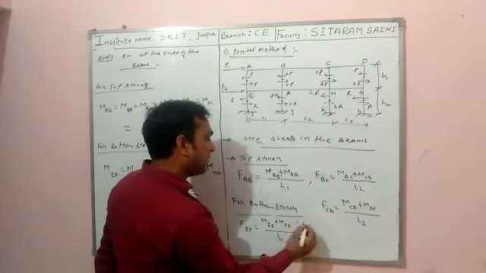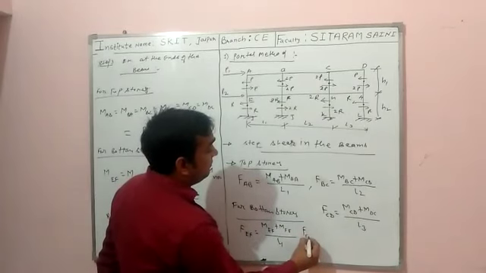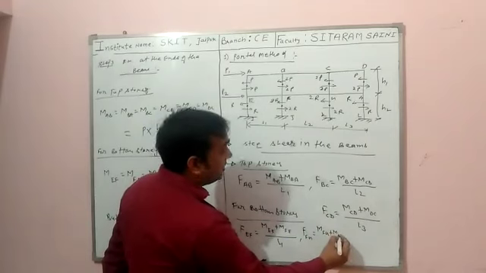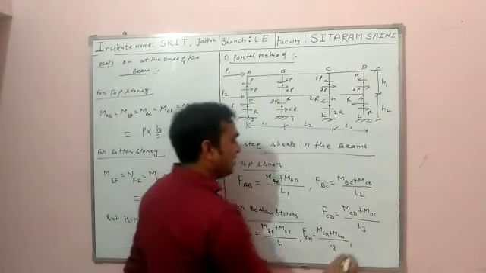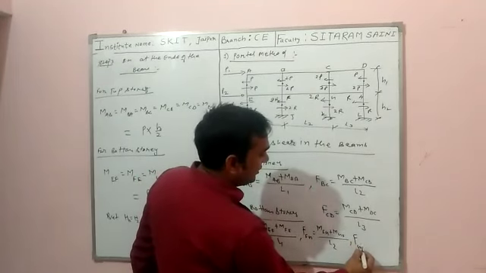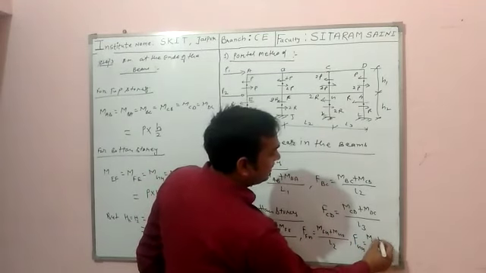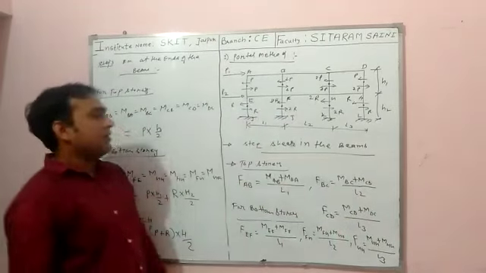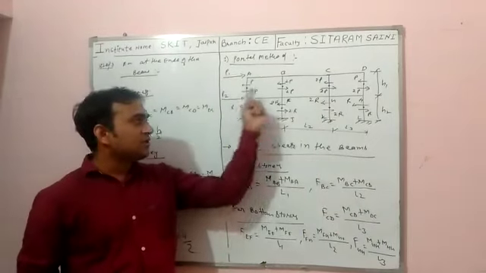Next, shear FFG is equal to (MFG plus MGF) upon L2, and lastly FGH is equal to (MGH plus MHG) upon L3. Right? In such a way we can calculate the shear in all the beams.